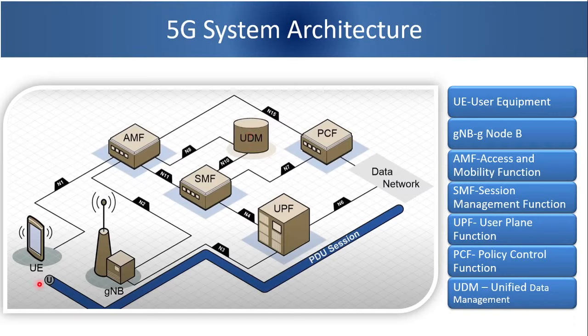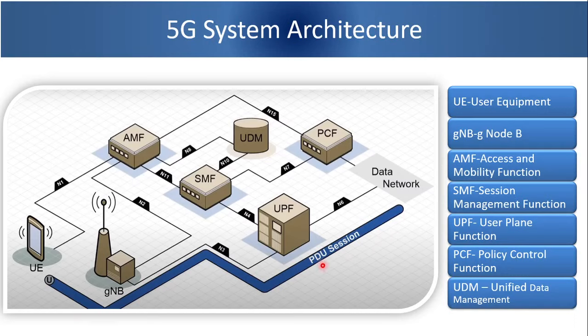And now what you see here in blue color, this is very important, please. When there is a data flow, when there is data traffic, the data traffic flows onto this blue pipe called the PDU session, protocol data unit session. P is protocol here. Sometimes people call it packet, but the actual name is protocol data unit session.